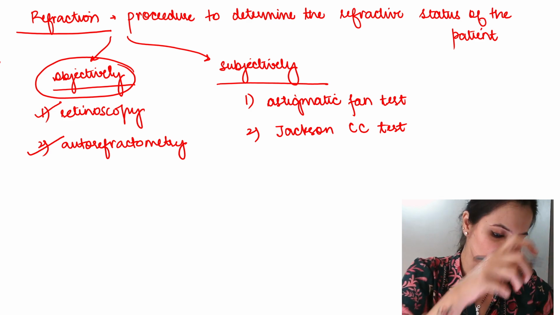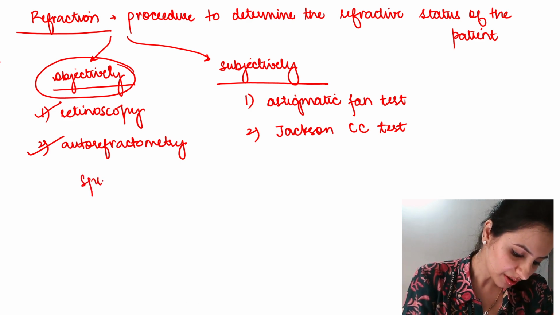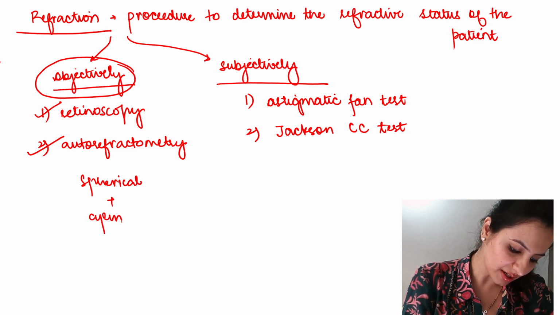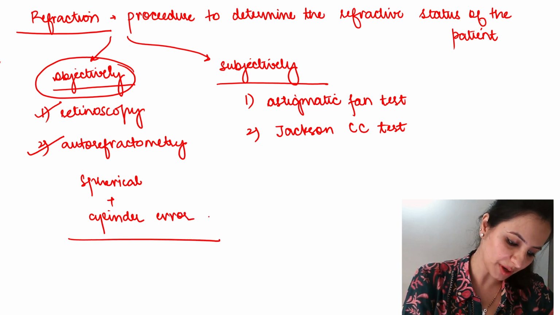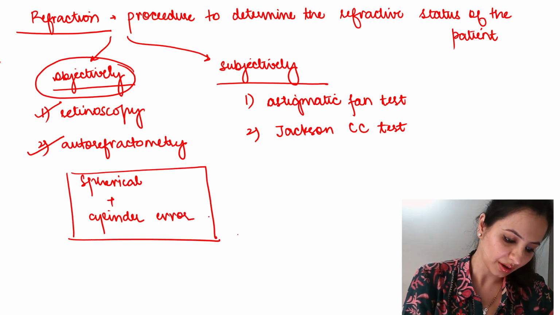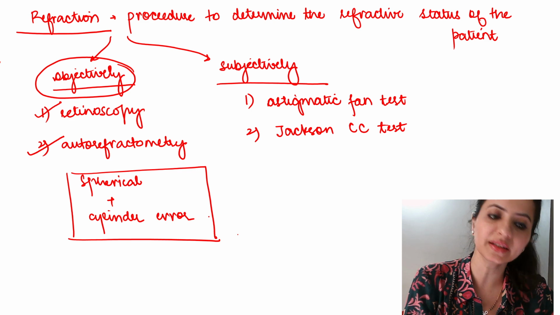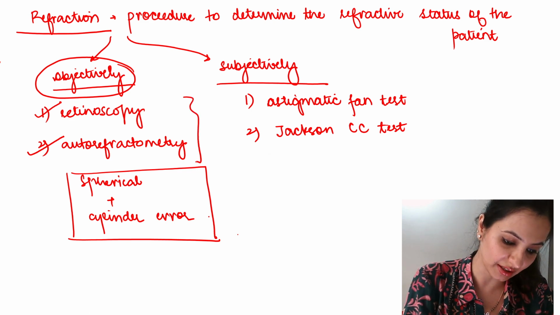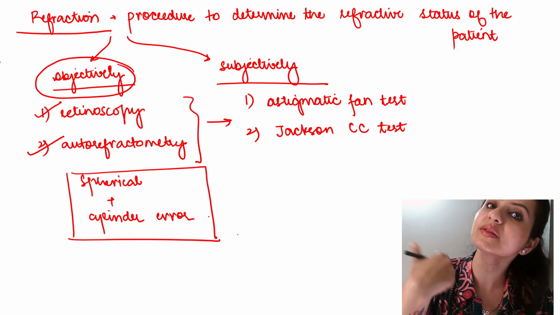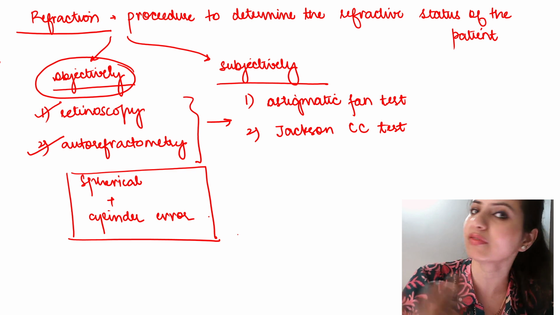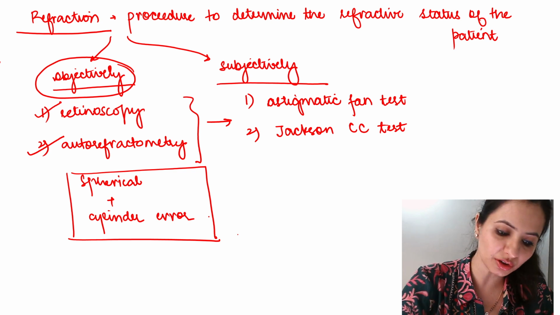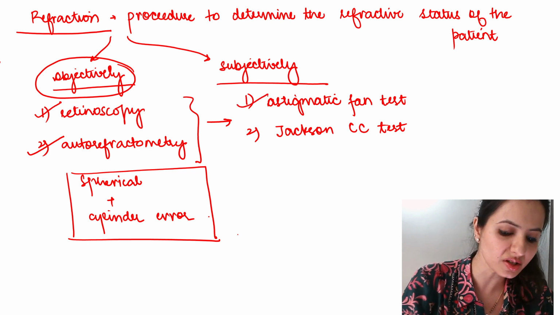So that gives you a rough spherical and cylindrical error of the patient. Okay, once you determine the refractive errors objectively, then you go for the subjective refinement of that refractive error. It can be done through either astigmatic fan test or Jackson cross-cylinder test.